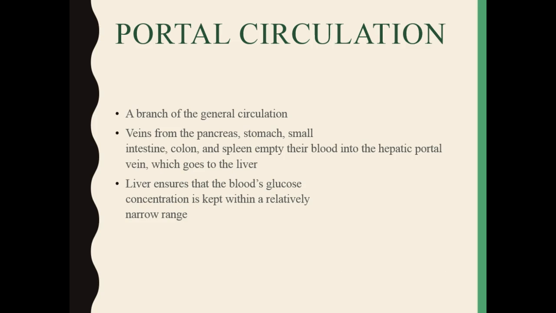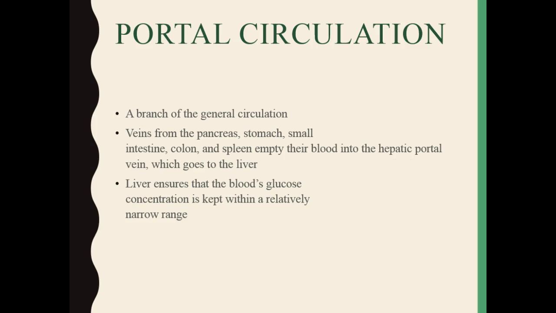Portal circulation. This is a branch of the general systemic circulation. What happens is that returning blood, after it leaves many organs, especially in the digestive system, instead of going directly into the inferior vena cava, will instead pass through what they call a hepatic portal.